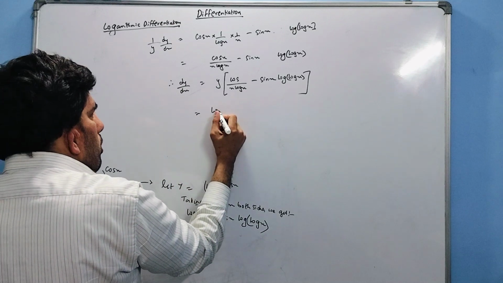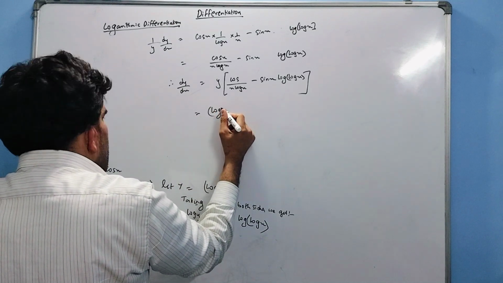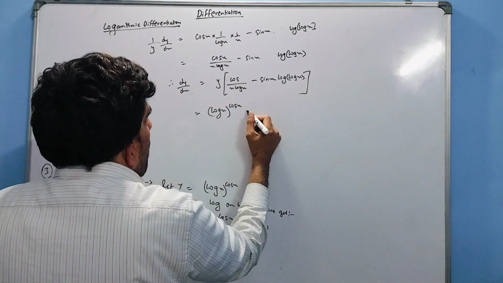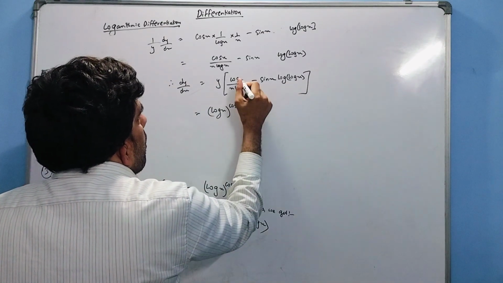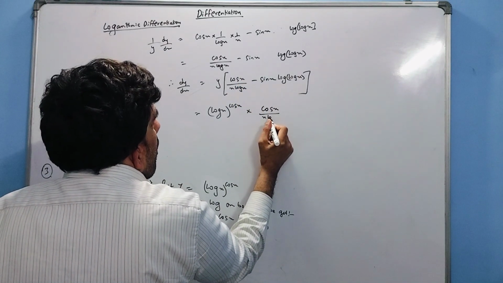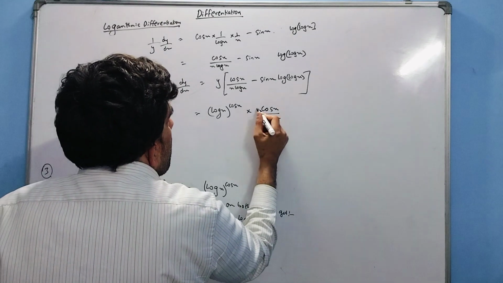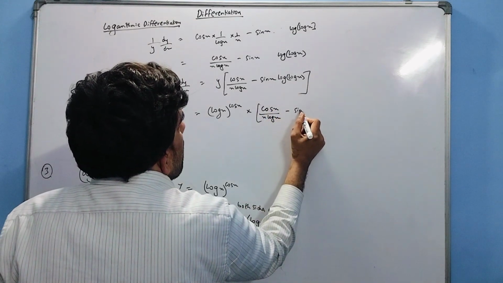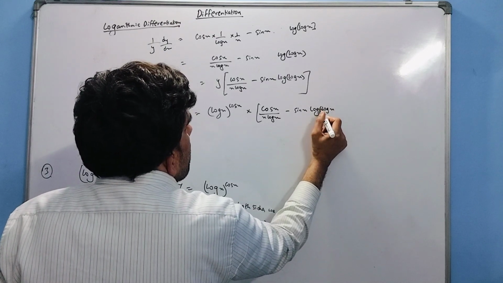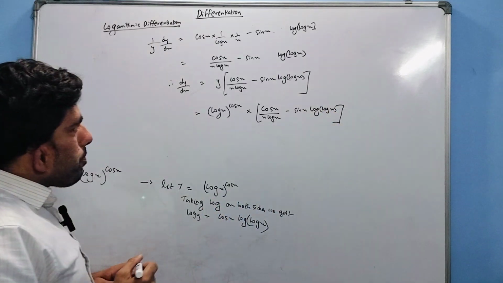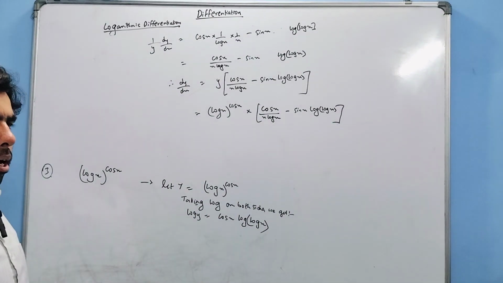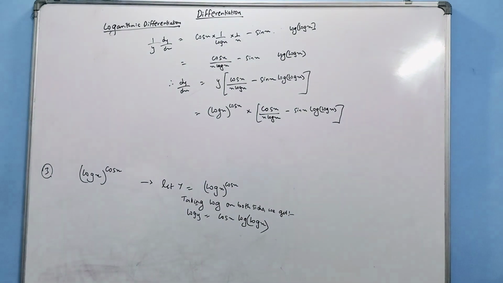We have log x to the power cos x into cos x upon x log x minus sin x log of log x. Okay, so that is how we try to differentiate. Let us try to solve another numerical.